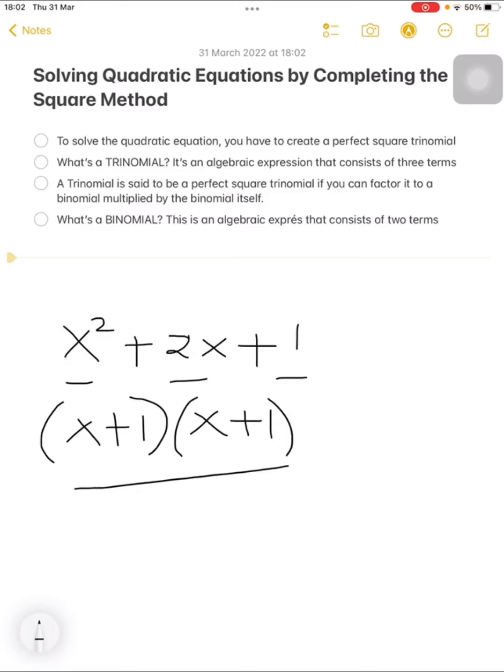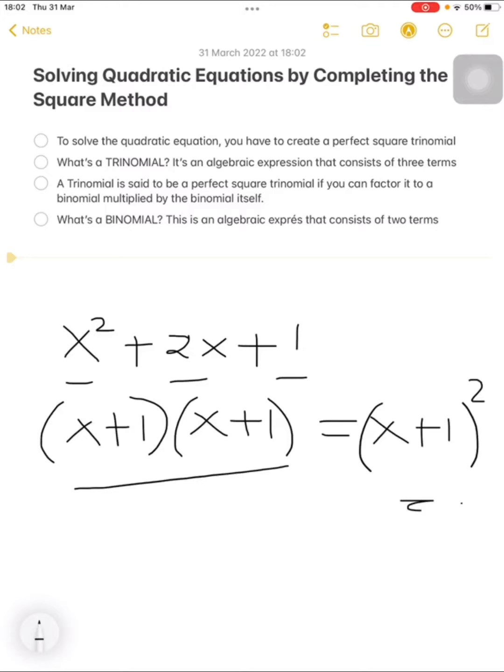And if, for example, you've ended up getting x plus 1 and then x plus 1, this is the same as x plus 1 squared. So from your equation, you will work it out, and then at the end, you should create a perfect square trinomial. So at the end, you will see maybe something like this.